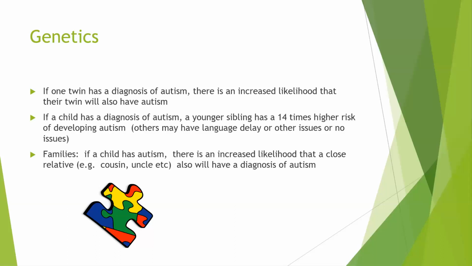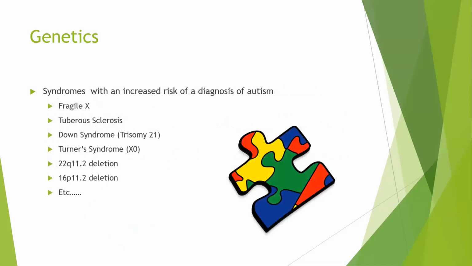If not autism, the other siblings are at risk for language delay or other developmental disorders. Now, in families, if a child has autism, there is also an increased likelihood that a close relative, like a cousin or an uncle, might have a diagnosis of autism. So, this actually emphasizes to us the genetic underpinnings of autism.